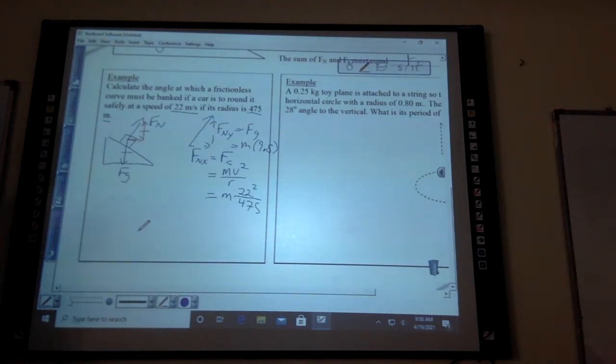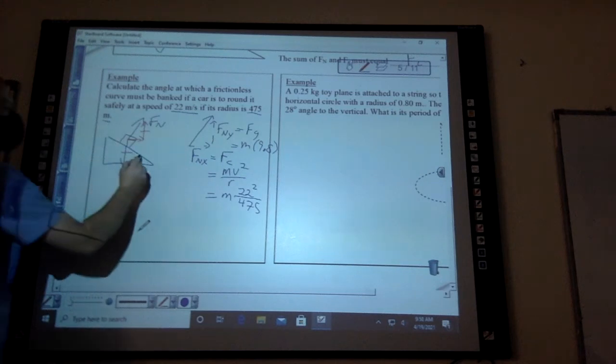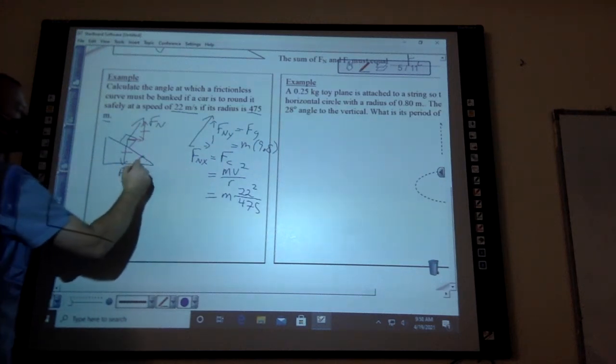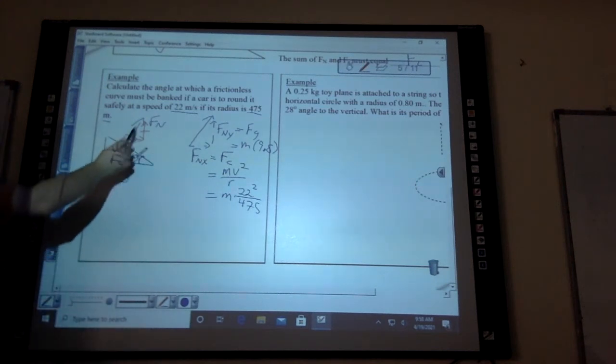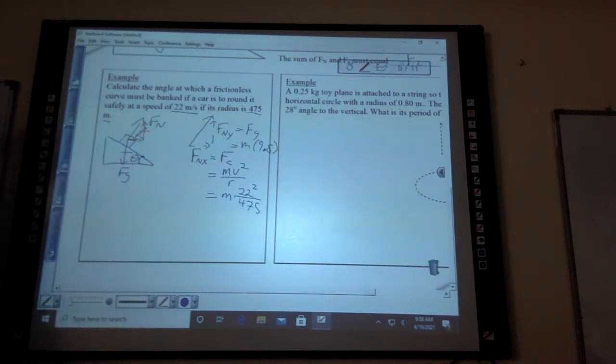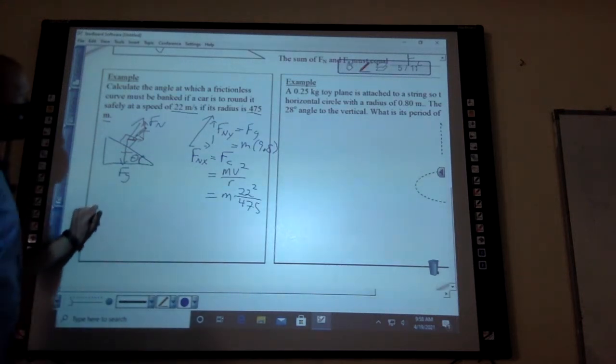So if you remember the issues with trying to figure out the angle, we want to know what this is. Now it's just a matter of figuring out which angle is it here. And this is going to be where it gets complicated. Let me draw this bigger so you can see it.